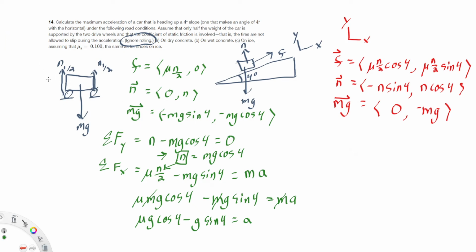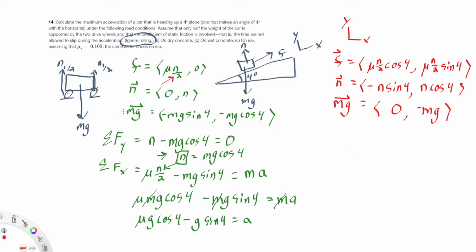I have a quick question. For when we did the mg vectors, how come we didn't do 1/2 mg sine of 4 and 1/2 mg cos of 4, since the weight was 1/2? Yeah, we took care of the 1/2 up here instead.